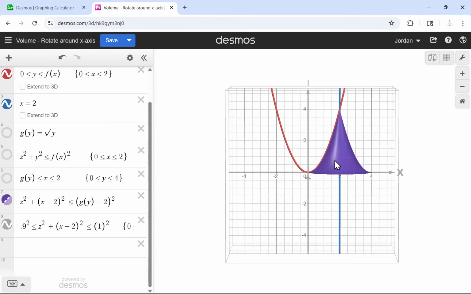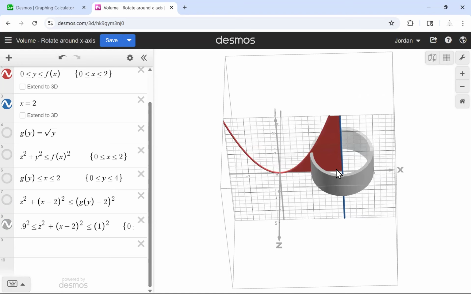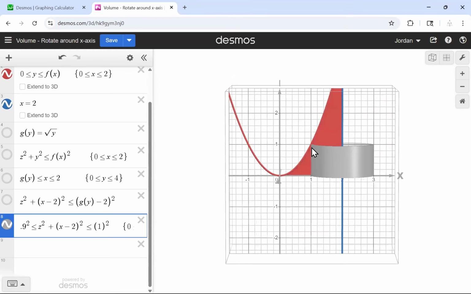So this is the wizard's hat we get, but I do want to mention one thing about these cylinders. This hat is created by using a bunch of cylinders or a bunch of tubes as approximations. And you can see in this picture that we're going to take a rectangle and rotate it around that line x equals 2. The height of that rectangle is the height of this tube or cylinder.